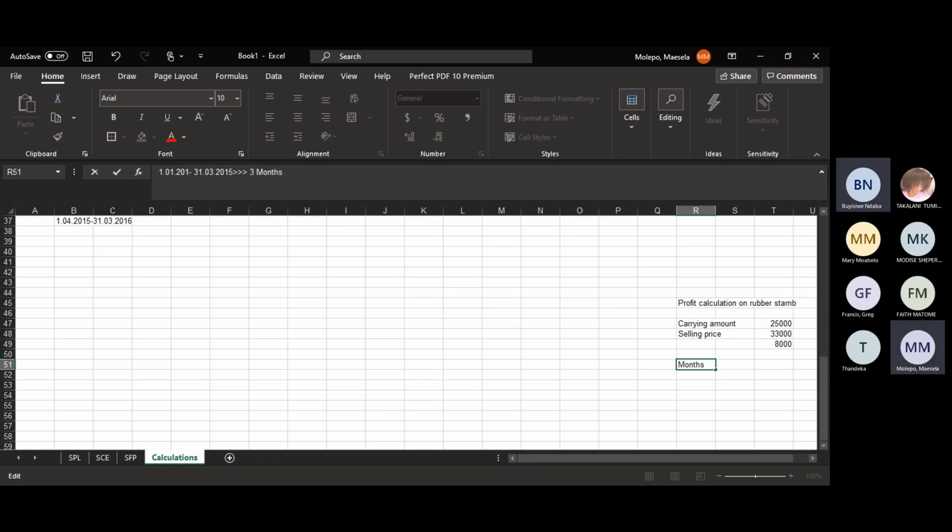So we assume that if I sell the asset, me and Takalani, we are forming the group. I sell the asset to Takalani today, which is 1 January 2015, then we assume that Takalani is going to use that asset from today, right? Yes. Okay. Takalani will use the asset from today until her year end, which is 31 March 2015.